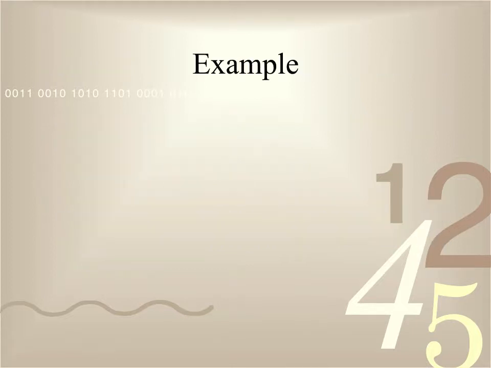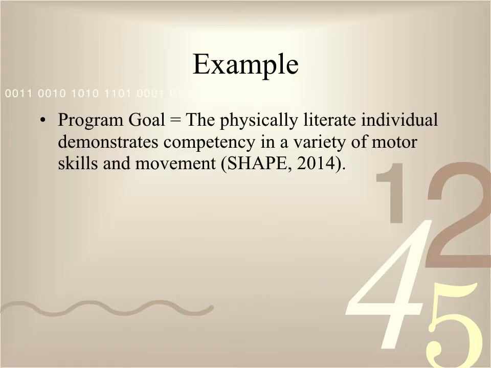So let's provide some examples of all this stuff that I'm talking about. We have a program goal. From the SHAPE standard, the physically literate individual demonstrates competency in a variety of motor skills and movement. So our content is an overhand throw. The other way we can look at this is that content can be by sport.